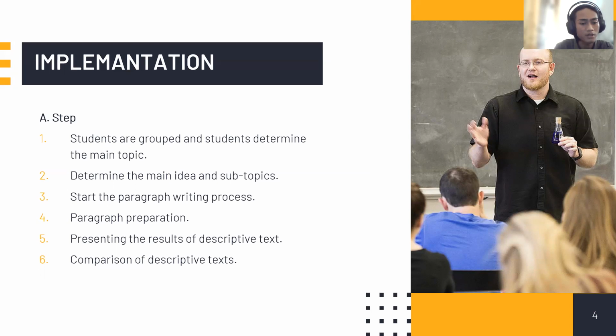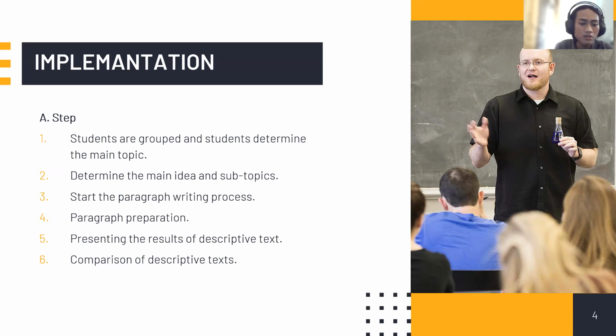And the fourth is paragraph preparation. The group leader is assisted by other members to collect the composed paragraphs from each subtopic, then rewrite them to become a report text. And the fifth is presenting the results of the descriptive text.